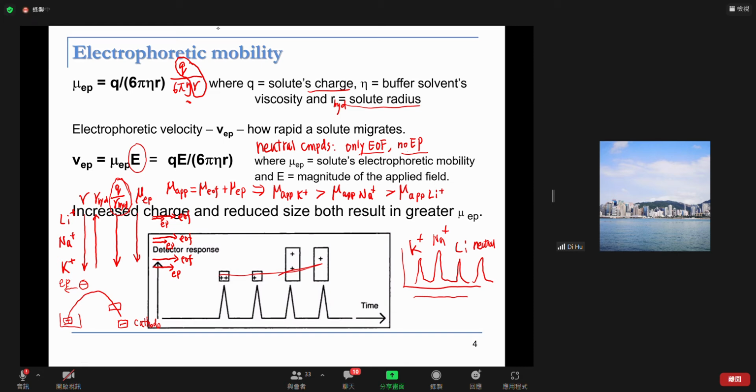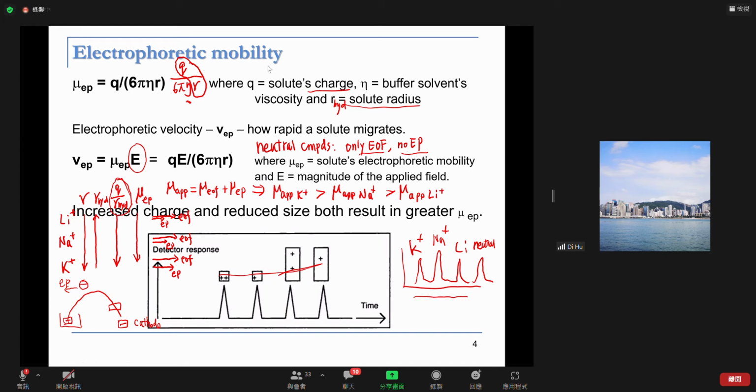And which one is the easiest to be eluted, to be washed out in the IC column? Because potassium has the strongest affinity among these three, it will be more difficult to wash out, to elute. Lithium has the weakest affinity to the column because it has the smallest charge density, so it will be the easiest one to get eluted.